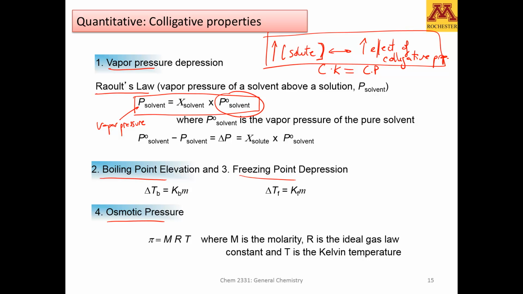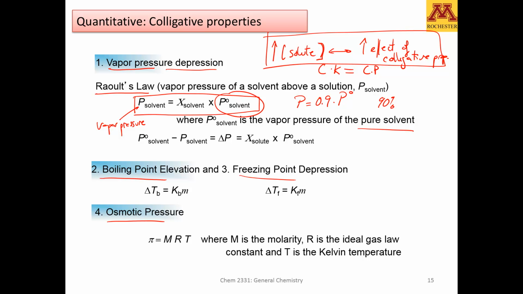So that's what this degree means here. It is the vapor pressure of the pure solvent. The moment you say that the solvent is 90%, it means that now the pressure of the solvent is a fraction, the 0.9, times the pressure of the pure solvent. So of course it has decreased. This is why we call it vapor pressure depression.